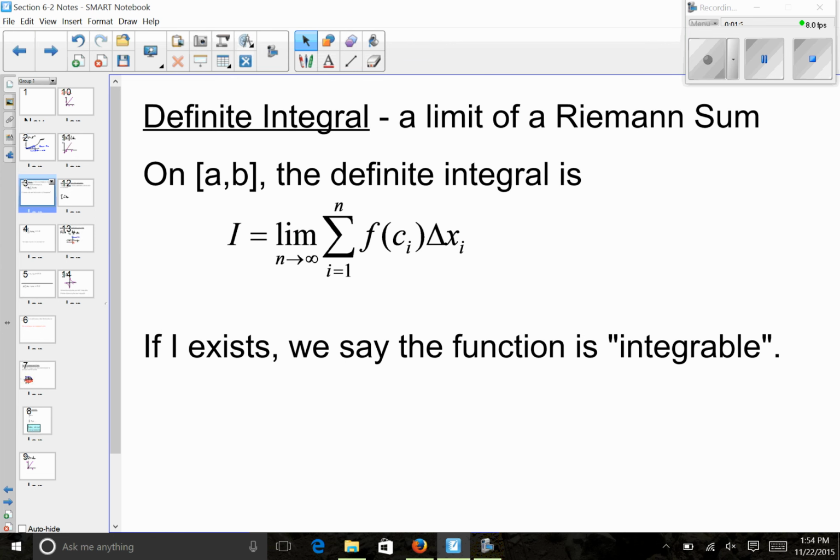So it's the idea of doing a Riemann sum and then taking the limit as the number of shapes goes towards infinity. This lovely notation here, which would be the definite integral, is the limit as the number of shapes goes towards infinity of the sum of, this is the height, and this would be the width.